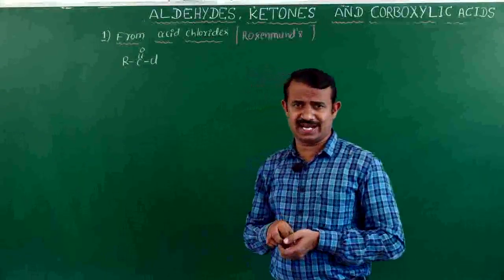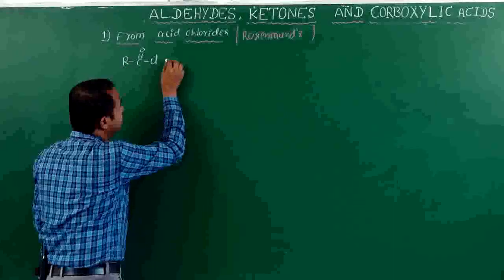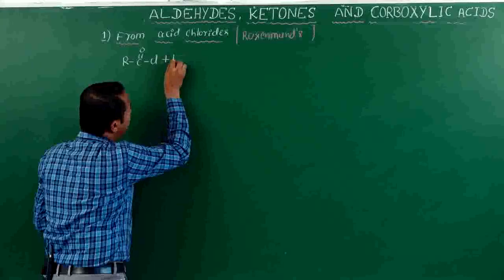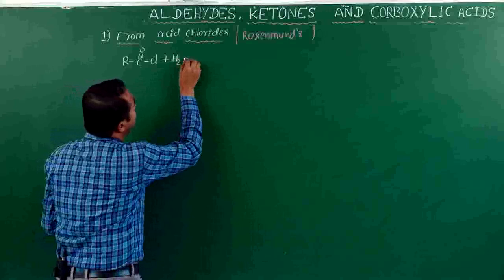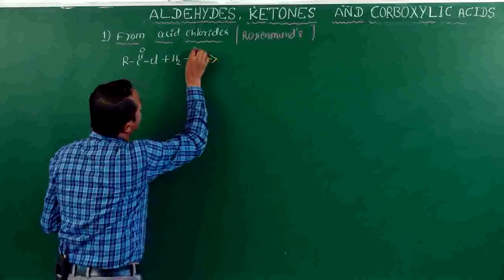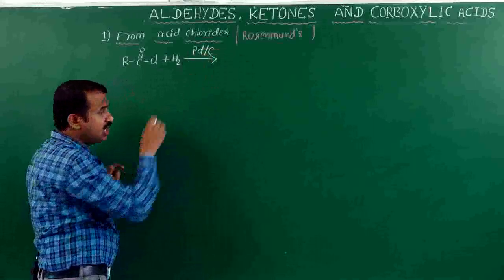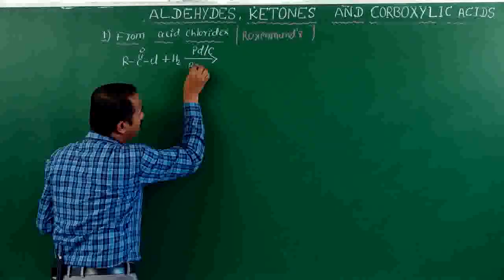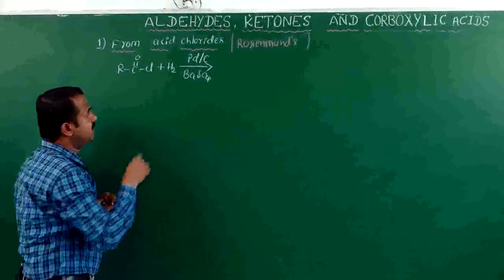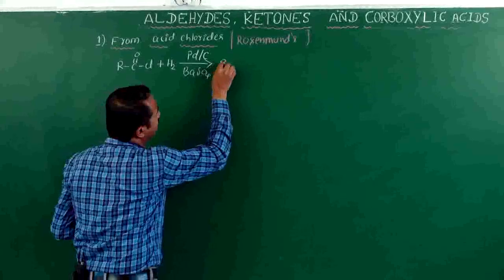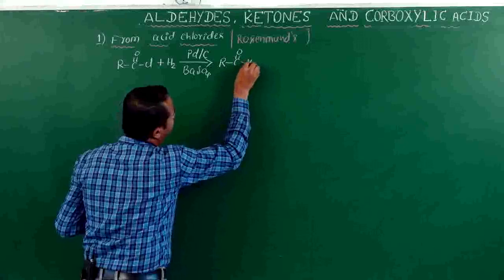Explain Rosenmund's reaction: when acid chloride is reduced with hydrogen in presence of palladium on carbon, using barium sulfate, to form aldehyde.